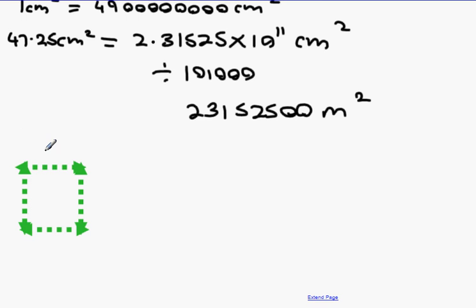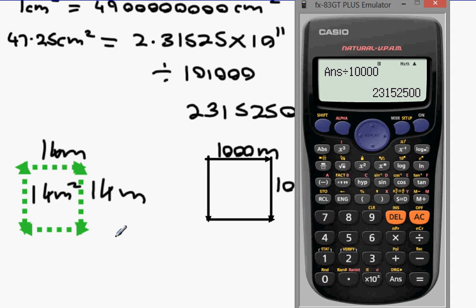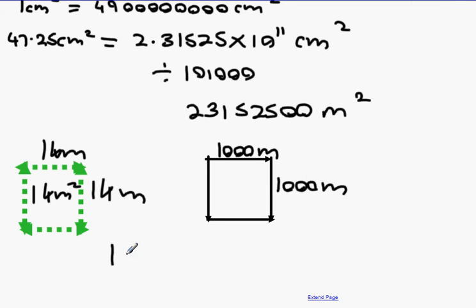This is a kilometre squared, which is a kilometre by a kilometre. A kilometre is the same thing as 1,000 metres, so there's going to be 1,000 metres by 1,000 metres. 1,000 multiplied by 1,000 is 1 million. So 1 kilometre squared equals 1 million metres squared.